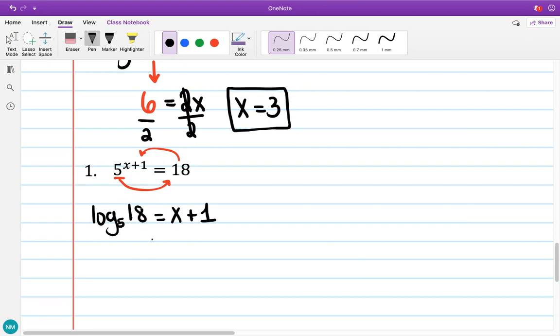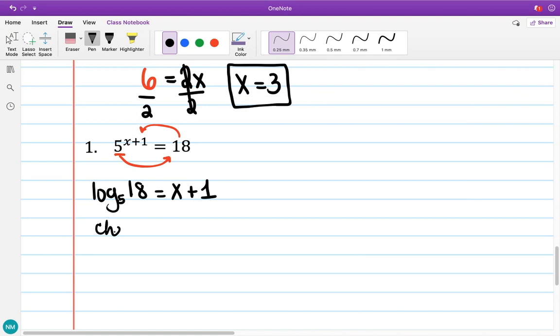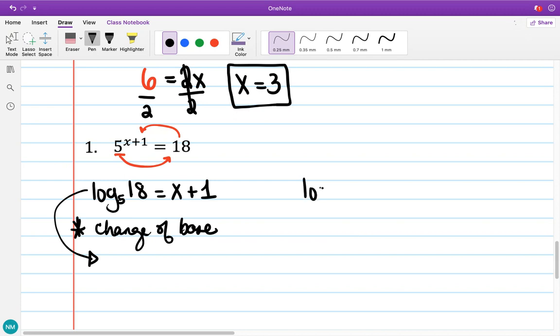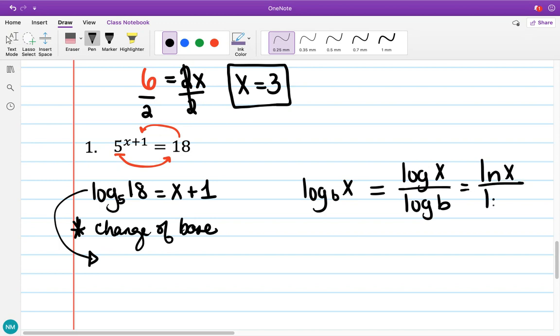5 to some power will never equal 18 unless it's a decimal. So we need to use the change of base formula to pretty much get it to something we can solve. So what we learned from the change of base formula is that if I have log base b of x, it is the same thing as saying log of any base of x over log of b, or you can do the natural log of x over the natural log of b.